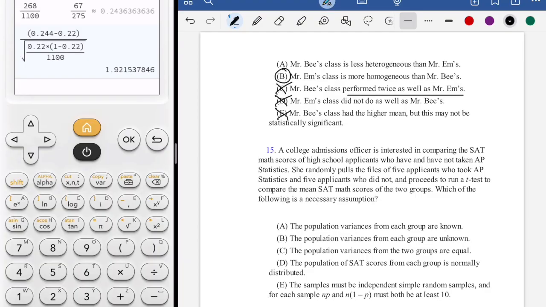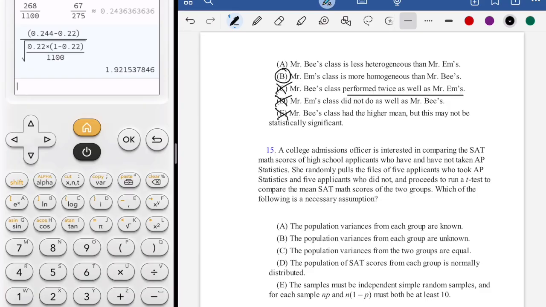15. College admissions officers are interested in comparing the SAT math scores of high school applicants who have and have not taken AP Stat. She randomly pulls the files of 5 applicants who took AP Stat and 5 applicants who did not, and proceeds to run a t-test to compare the mean SAT scores of the two groups. Which of the following is a necessary assumption? All right. So we have population variances are known.